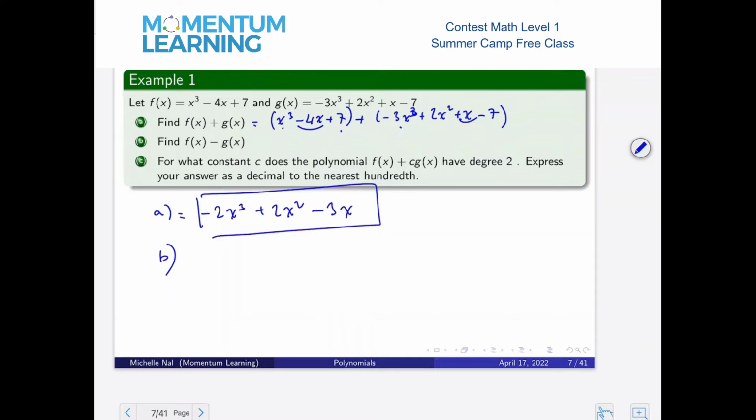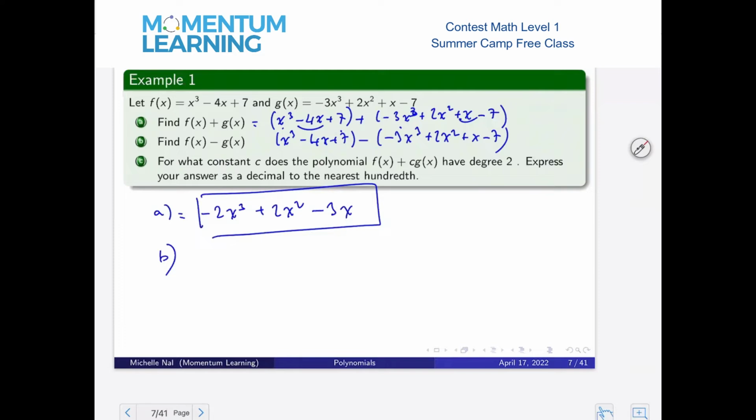Now for part B, we are asked to find the difference, right? Again, x cubed minus 4x plus 7 minus negative 3x cubed plus 2x squared plus x minus 7. Now, I know that students already know this, but it doesn't hurt to remind them. When we subtract, there is a negative here, so we need to pay attention to the sign.